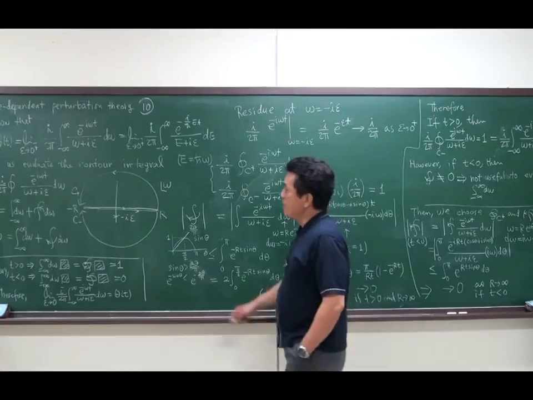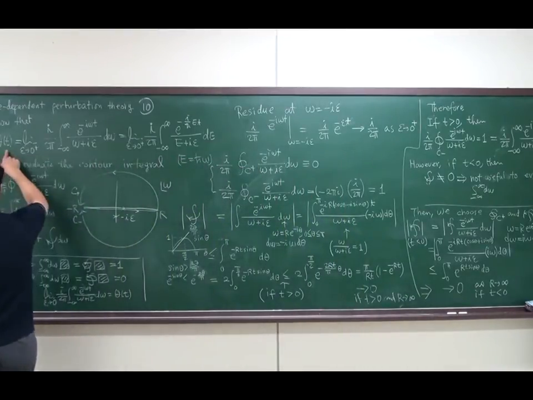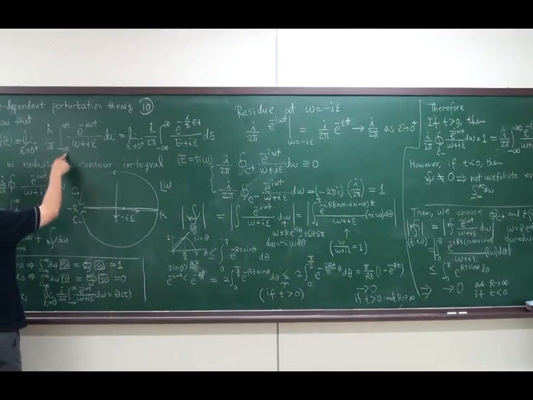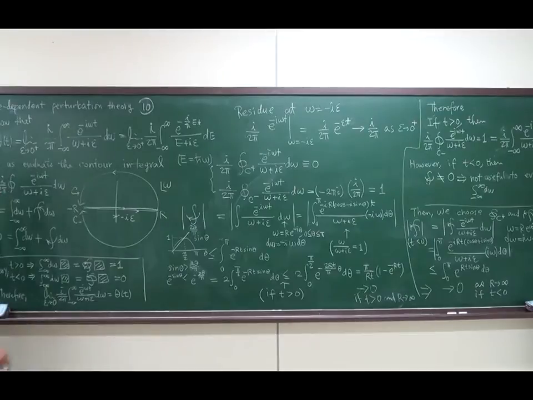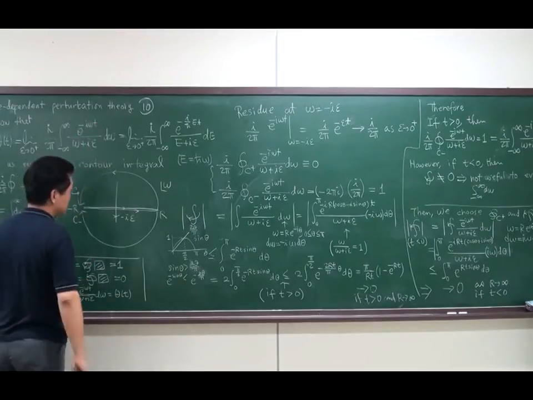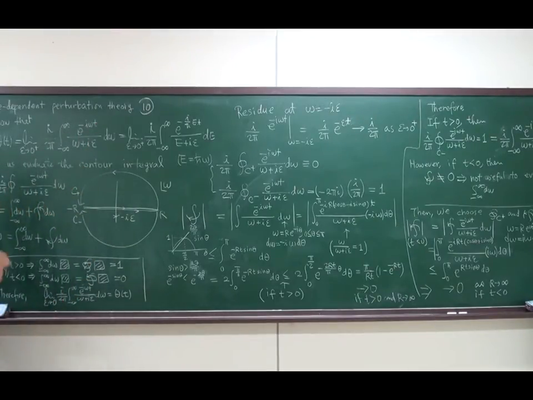But this theta function is expressed as an integral from minus infinity to plus infinity. So this integral is not exactly the same as those contour integrals. They are the same as this integral only if the integral on the semicircle vanishes.